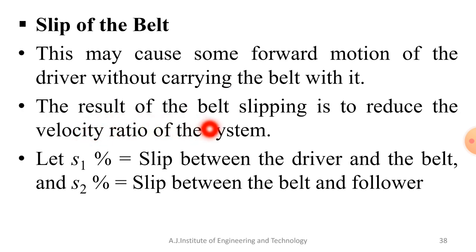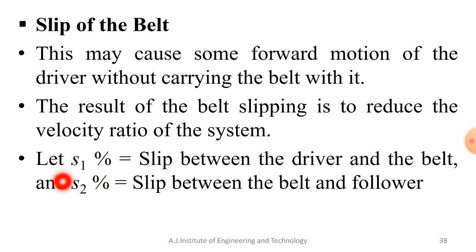The result of belt slipping is to reduce the velocity ratio of the system, because you cannot achieve a high velocity ratio in a belt drive because of this phenomenon called slip. How do we consider this slip? We consider slip in terms of percentage.